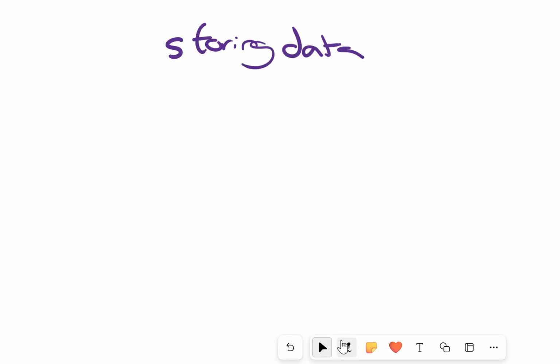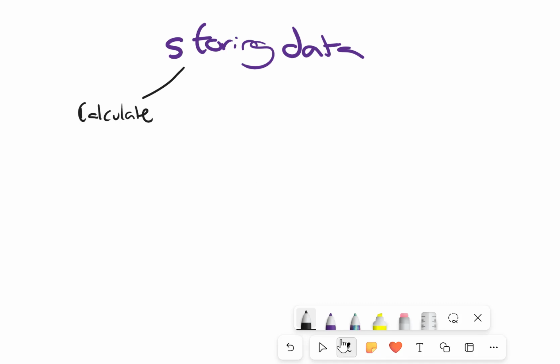So not only do we need to know how to calculate the storage, which we'll have a little bit more practice on in a bit, we also need to know how different files are stored. So let's have a look at how characters are stored and represented.